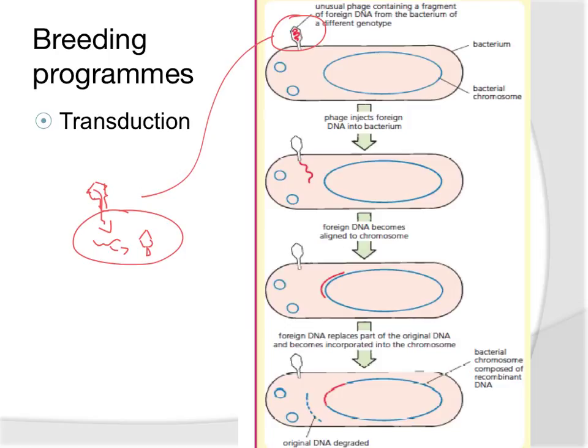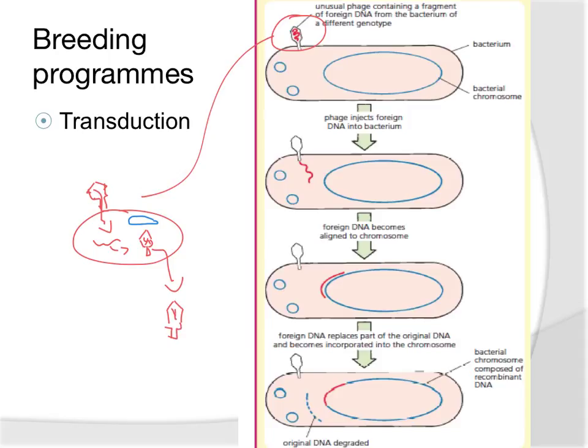Now normally what would happen is that these bacteriophages would just contain their own DNA. There would have been copies of those made, and then these bacteriophages are then released from the cell. The cell is quite often killed.